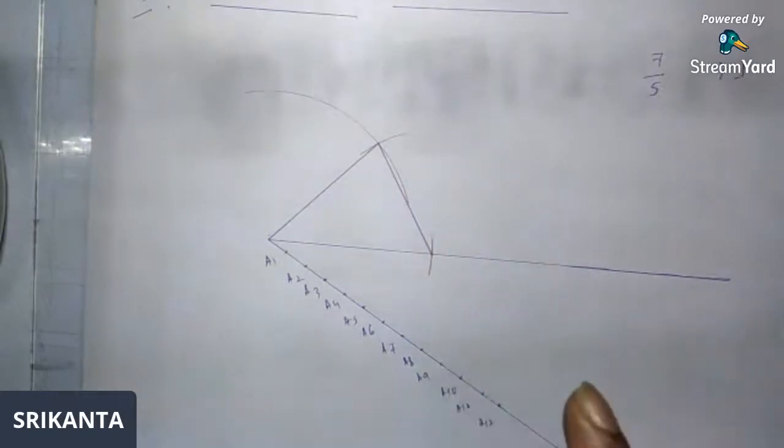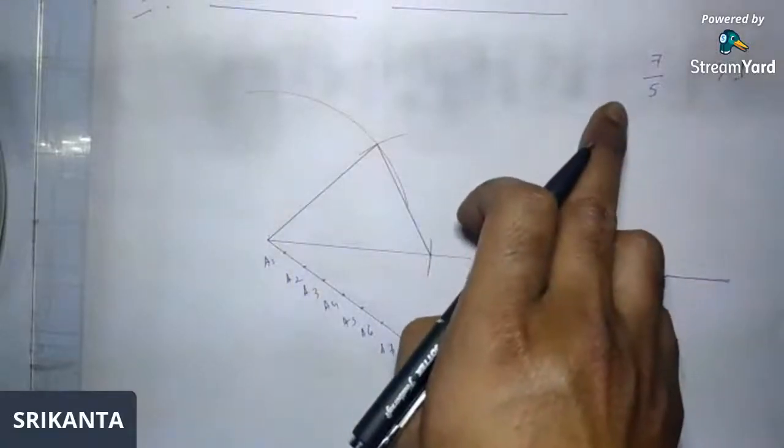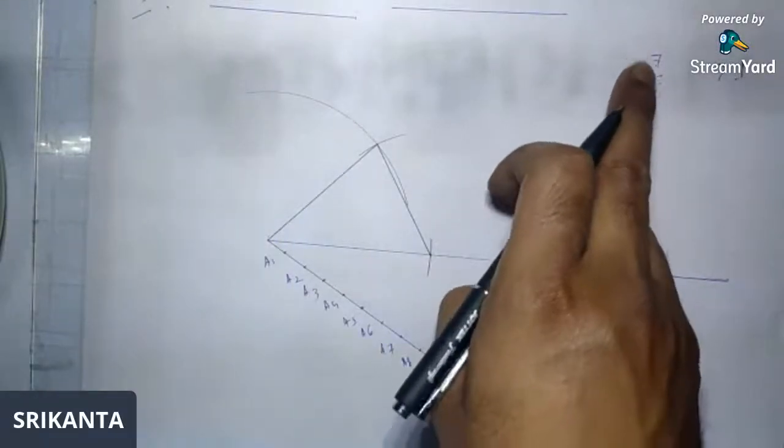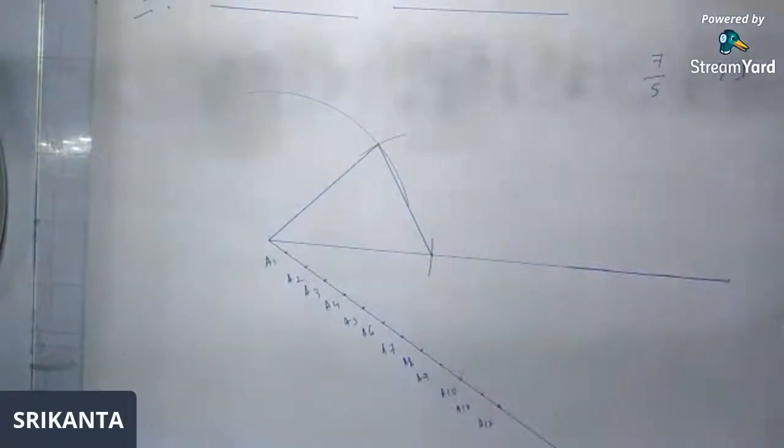This portion you need to understand. The ratio is 7 is to 5, right? So we need to join the smaller one.